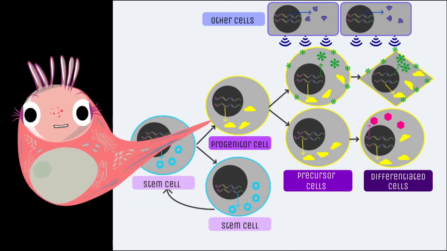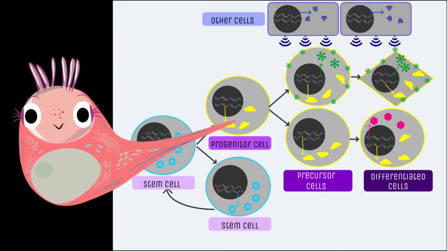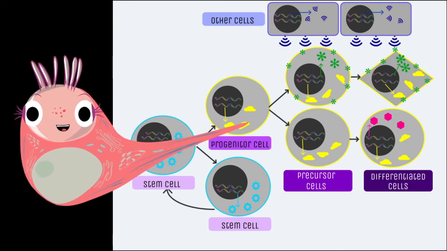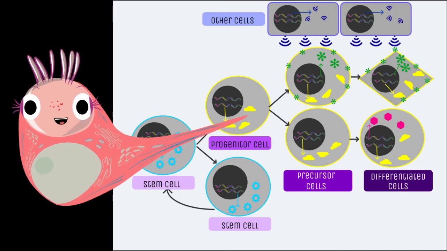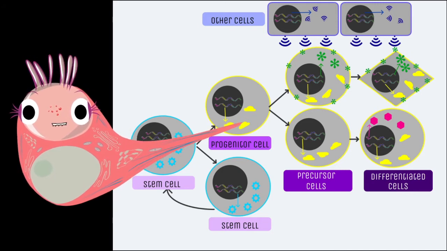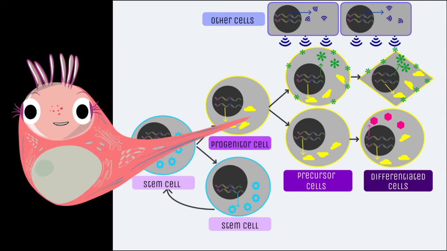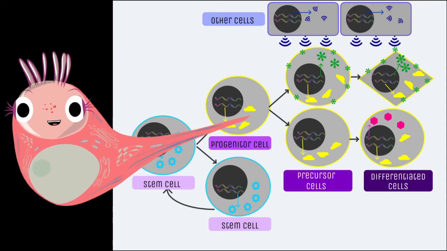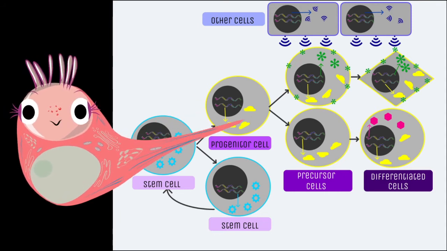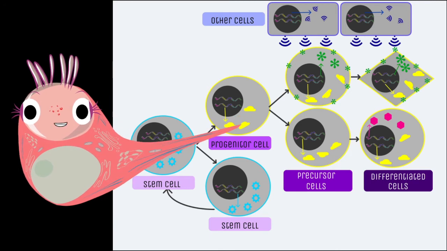But in contrast, it will start expressing different genes. So for example, here represented in yellow, and these genes will give rise to the expression of proteins that give a specificity.